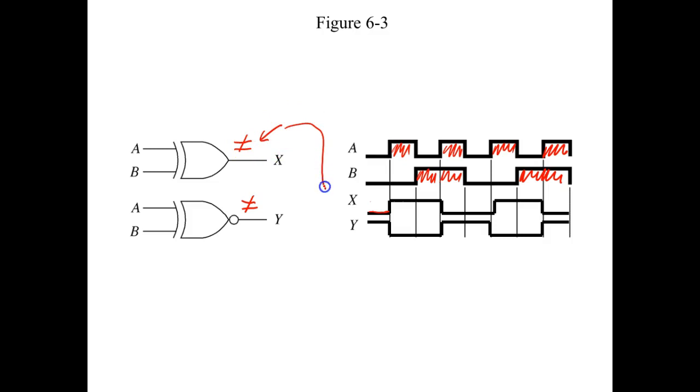So this guy right here would go right there. So here they are equal, right? See that? They're not equal here. They are equal here, right? They're not equal here. I'm sorry, they are equal here. So here they're not equal, right?